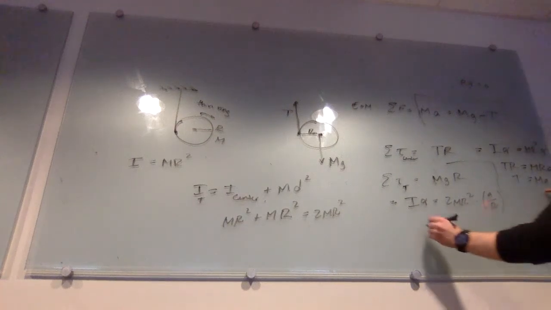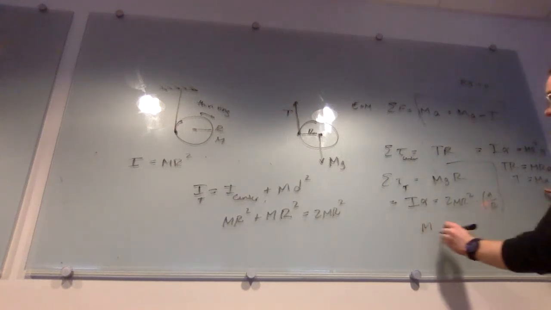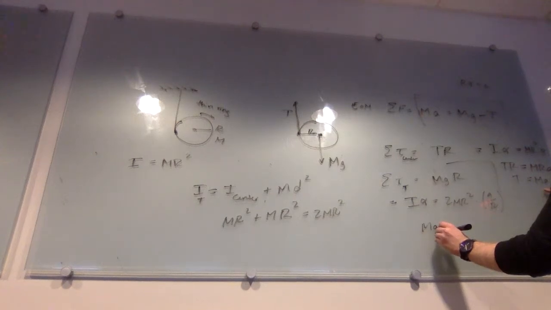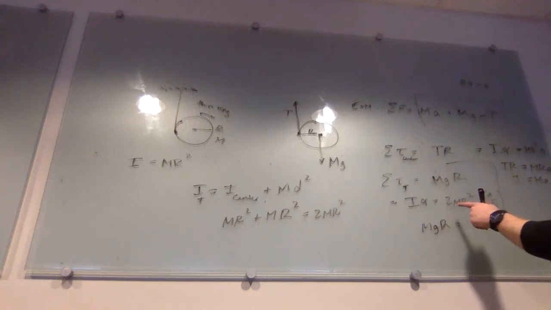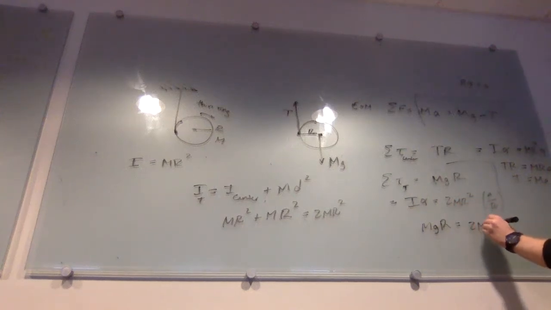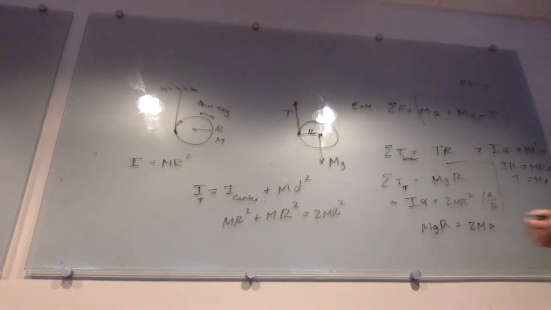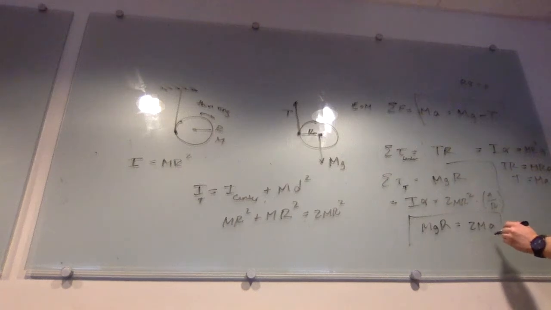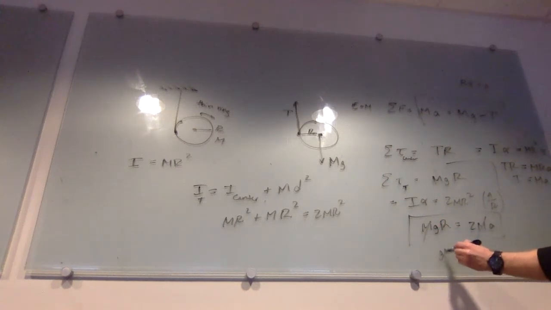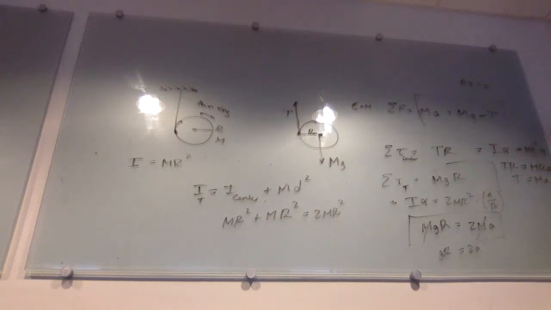So this would be mg r equals 2ma. So these are 3 equations of motion. Oh, and the m's cancel. So gr equals 2a.